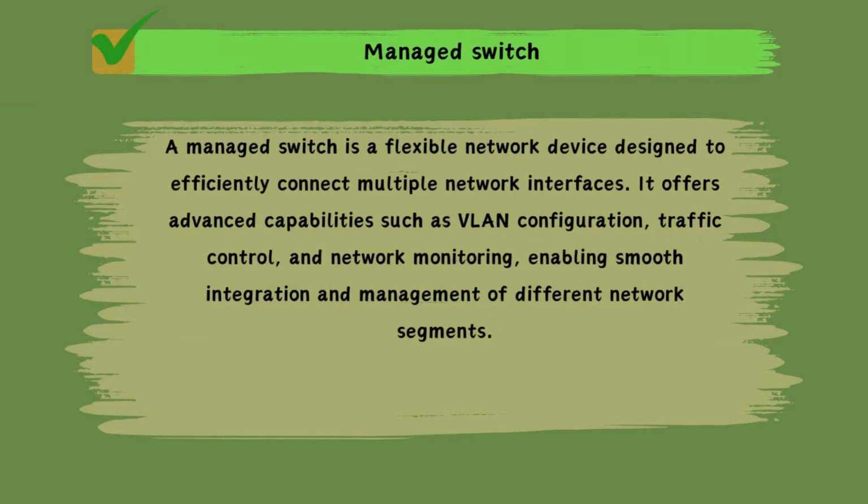A managed switch is a flexible network device designed to efficiently connect multiple network interfaces. It offers advanced capabilities such as VLAN configuration, traffic control, and network monitoring, enabling smooth integration and management of different network segments.